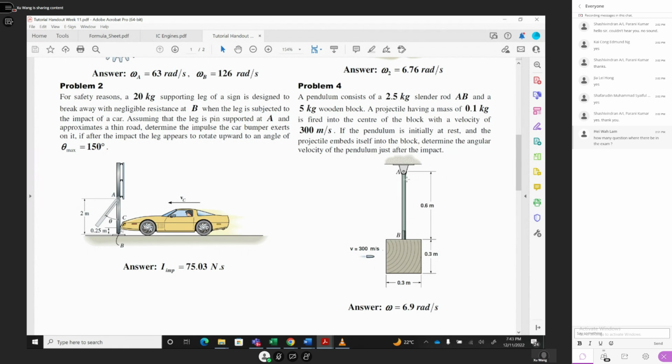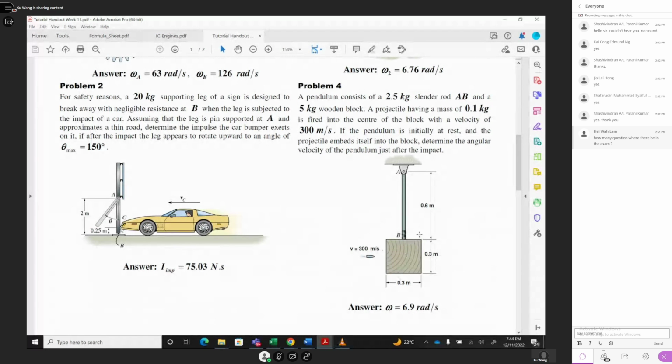And the second part is the rod. The rod rotates about this point, and that rotational inertia we proved in the last question is 1/3 of m l square. Multiply this 1/3 m l square by omega, and this is the second part of the angular momentum. Okay, there are two parts.